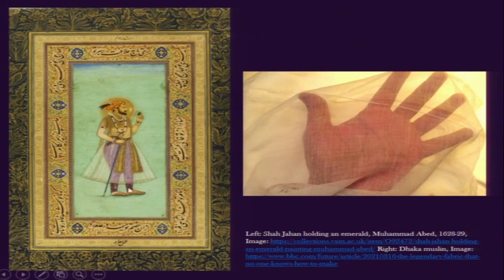Here Shah Jahan is wearing an angrakha or a jama, which starts from the shoulder and flows until beneath the knees, but this jama is almost transparent.